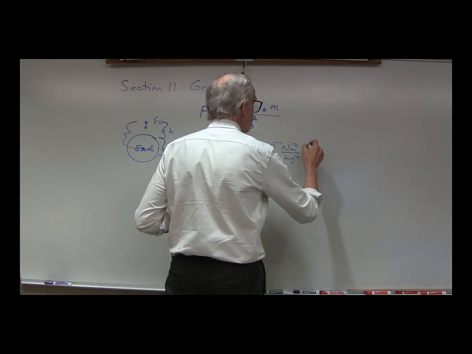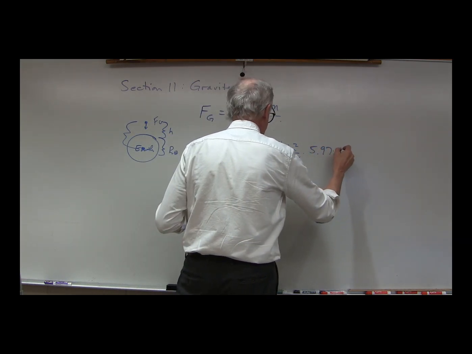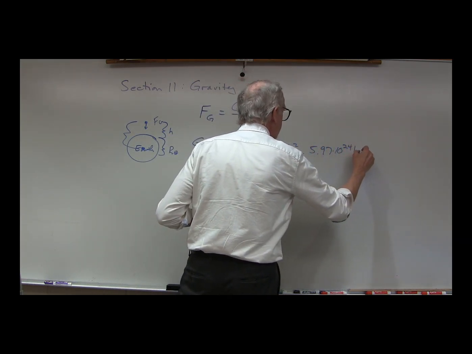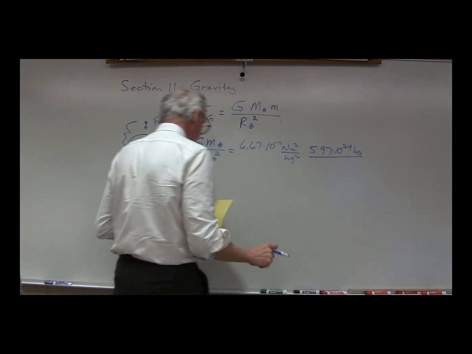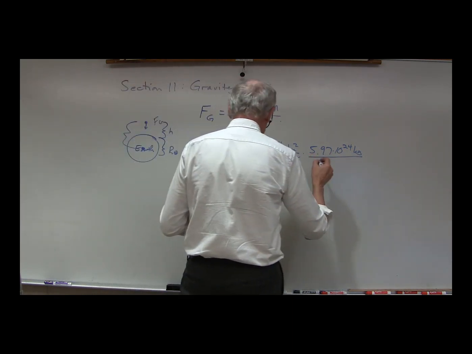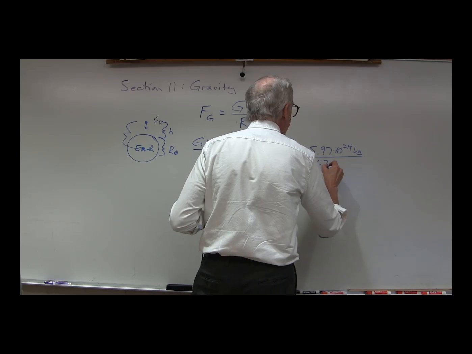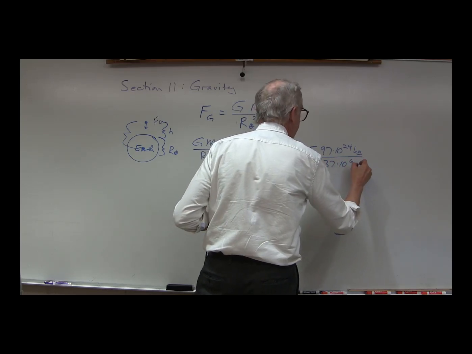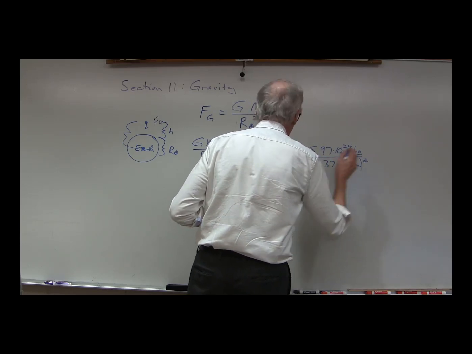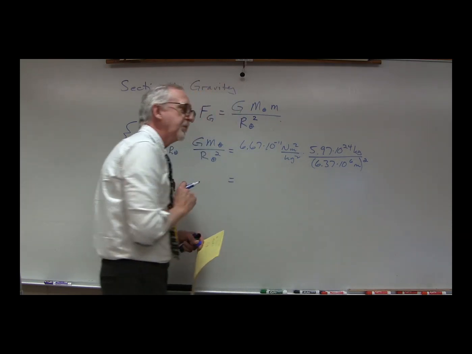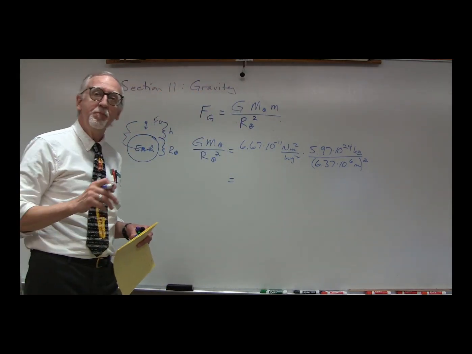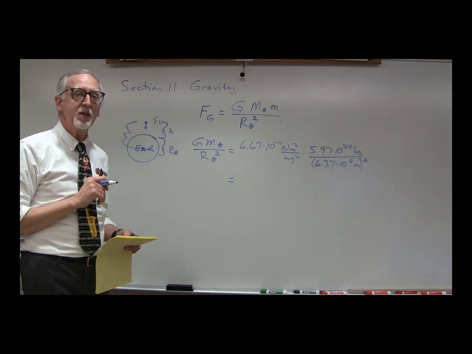The mass of the Earth is 5.97 times 10 to the 24th kilograms, divided by the radius of the Earth, which is, on average, 6.37 times 10 to the 6th meters squared. Multiply that out, and what do we get? Can you guess what the answer is?